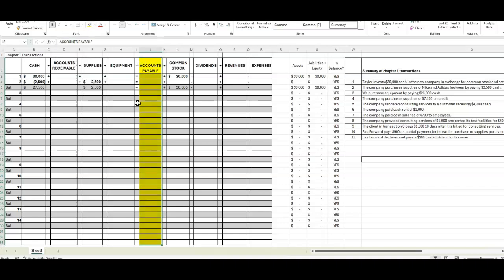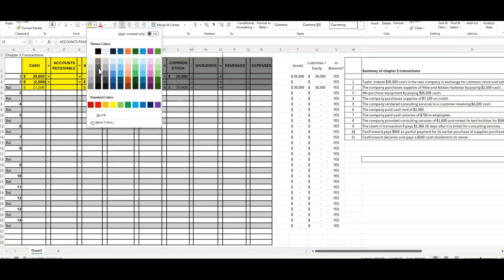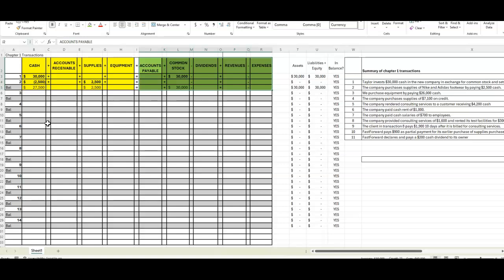You notice the equal sign here. Assets, the total of all the assets, equals the total of all the liabilities and the equity together. So the left side, assets, equals the liabilities plus the equity.